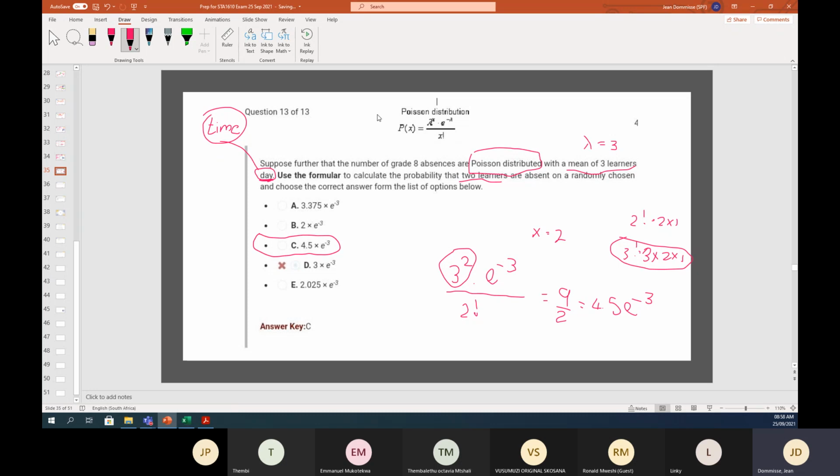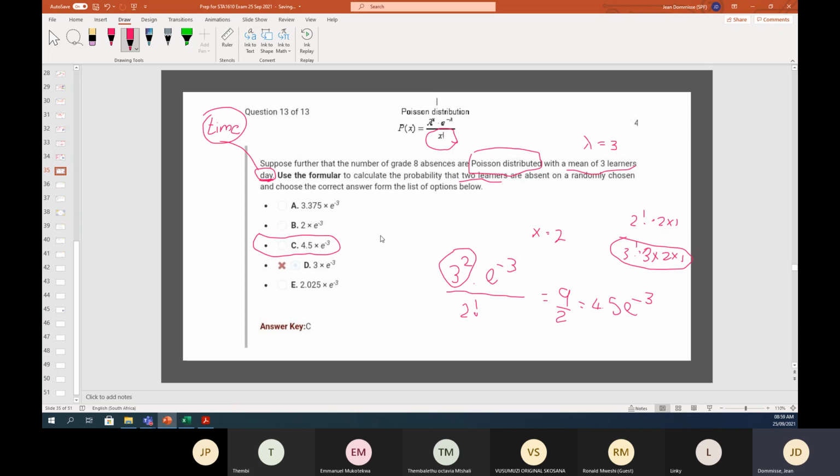So we looked at the Poisson distribution that is in your textbook and in your study guide, and straight from that they ask us to substitute some of the numbers and work it out. I think the only catch is what to do in that formula with the x factorial.